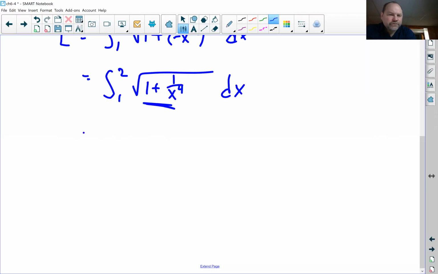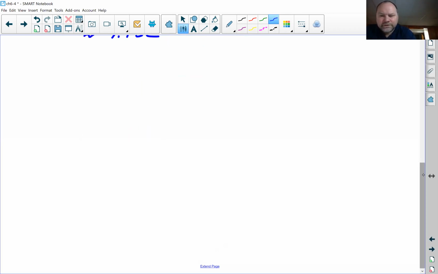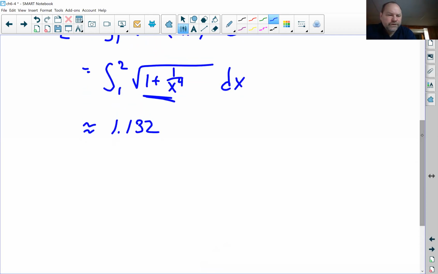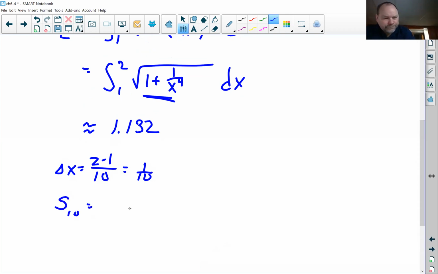You could also use Simpson's rule. So your delta x would be 2 minus 1. Let's go with 10 subintervals. And Simpson's rule with 10 subintervals would be delta x divided by 3. I'm just going to plug the values in.